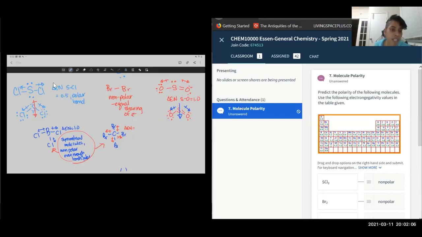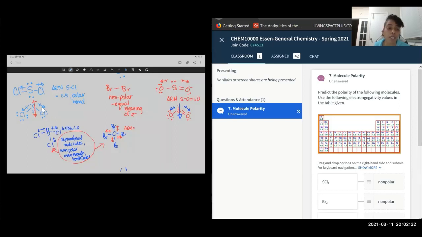And if I look at the electronegativity difference between these two elements, I have 0.5, meaning that it's a polar bond. And since the chlorine is more electronegative, the dipole is going to be facing the chlorine, meaning that the chlorine atom has more share of electrons.